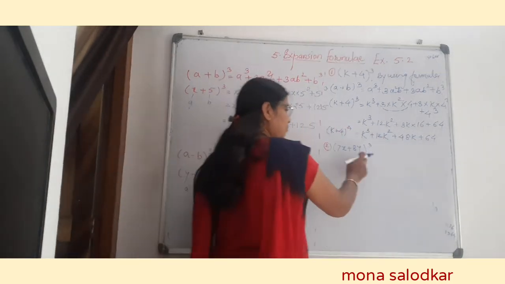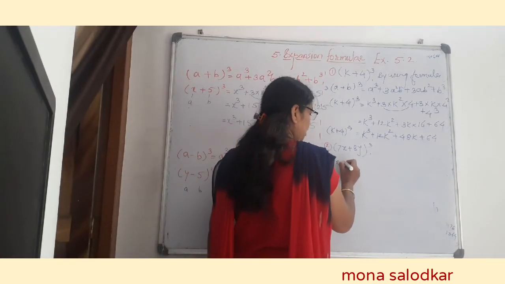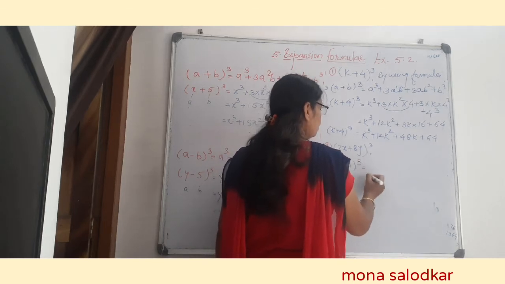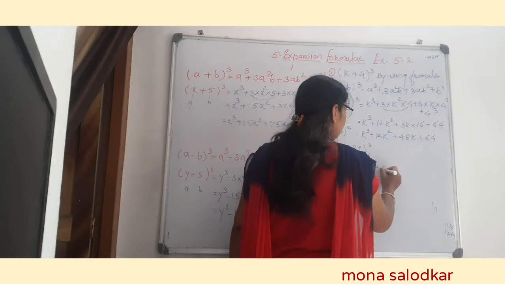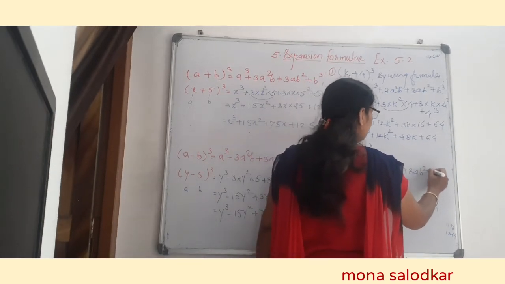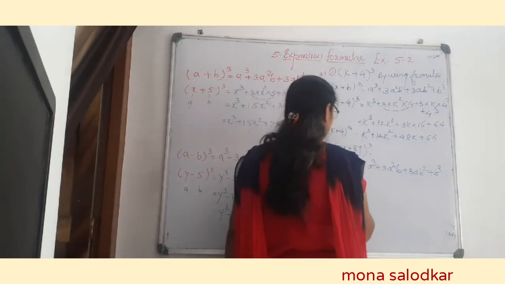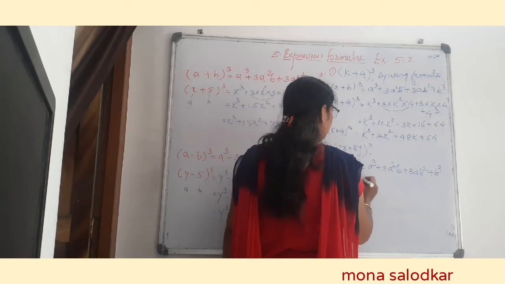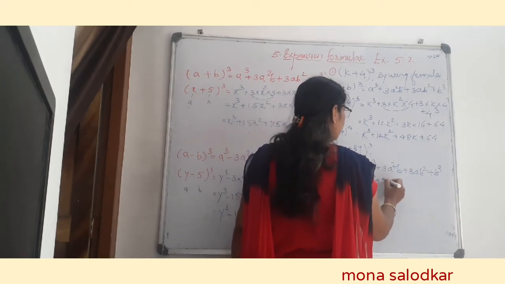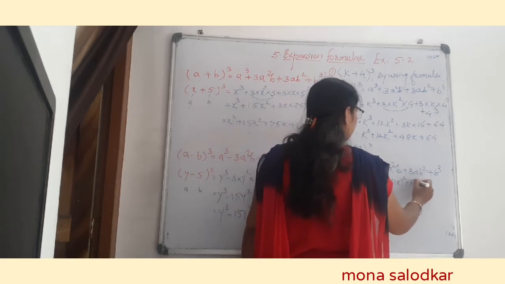Now let's see the second problem. Here also you have to use the same formula. (a plus b) whole cube: a cube plus 3a square b plus 3ab square plus b cube. Now put the values only. a cube means (7x) cube. 3a square means (7x) square. b means 8y.